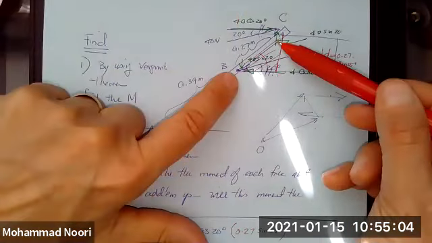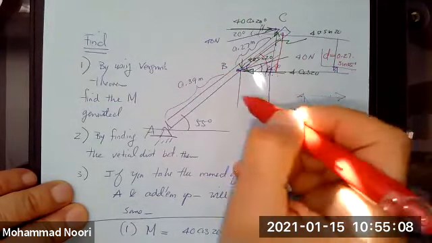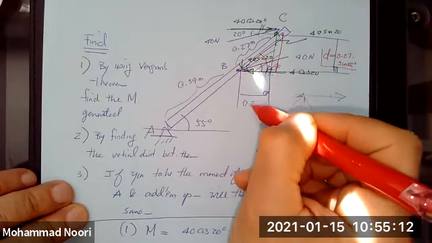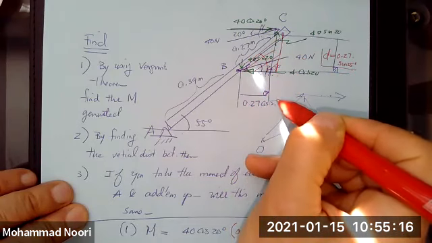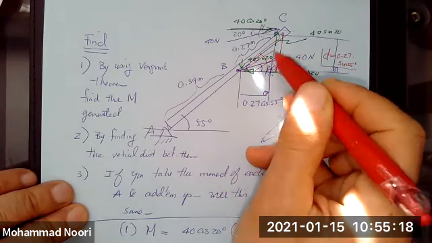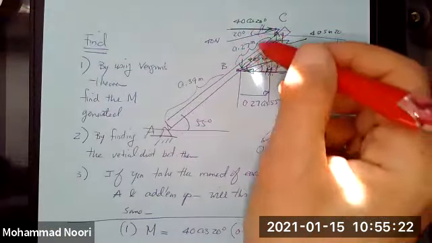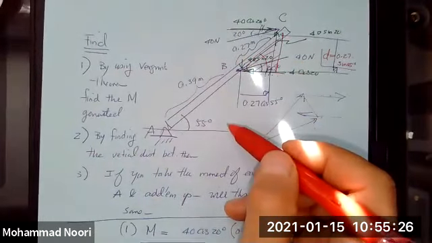How about these two? These would have this vertical distance, which is now 0.27 cosine of 55 times the magnitude of these two. And these two also generate a moment in this direction, right?